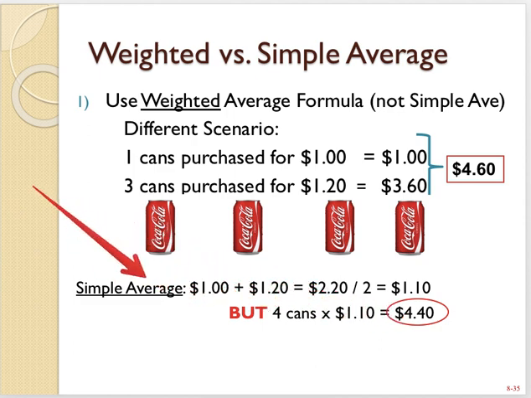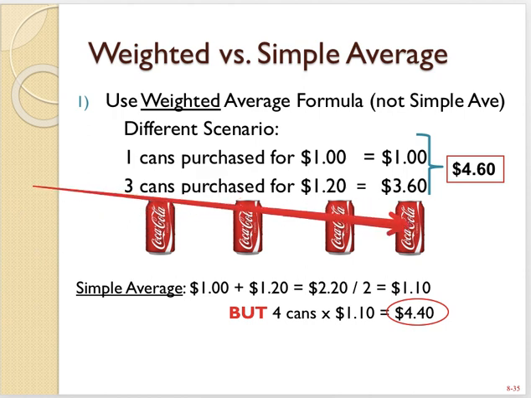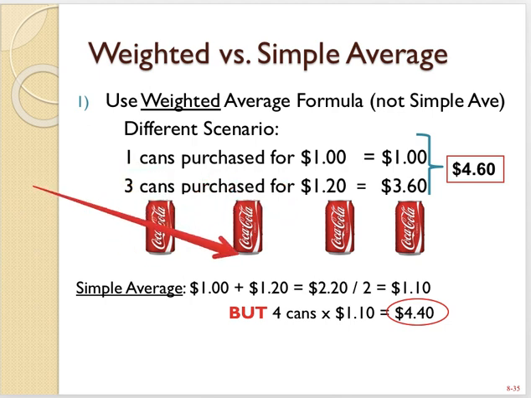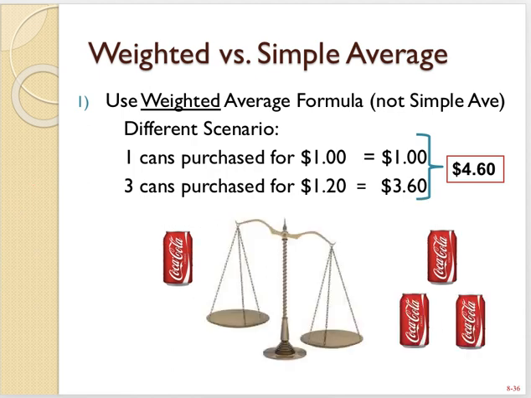The problem with using this simple average is that you're treating each of these cans the same, but they're not the same. There's 1 can that was $1 and 3 that had a higher cost of $1.20. So you have to put a higher weight on the more expensive ones. So let me show you what that looks like. So in this case, we've got the 1 can that was $1 and the 3 cans that were $3.60.